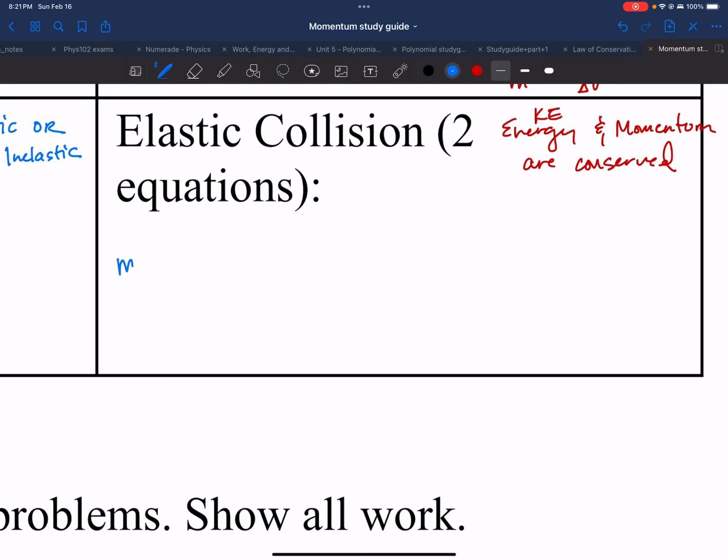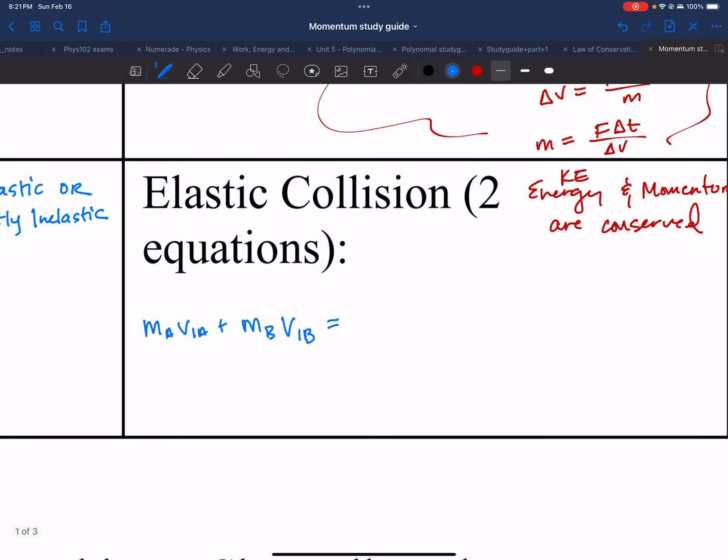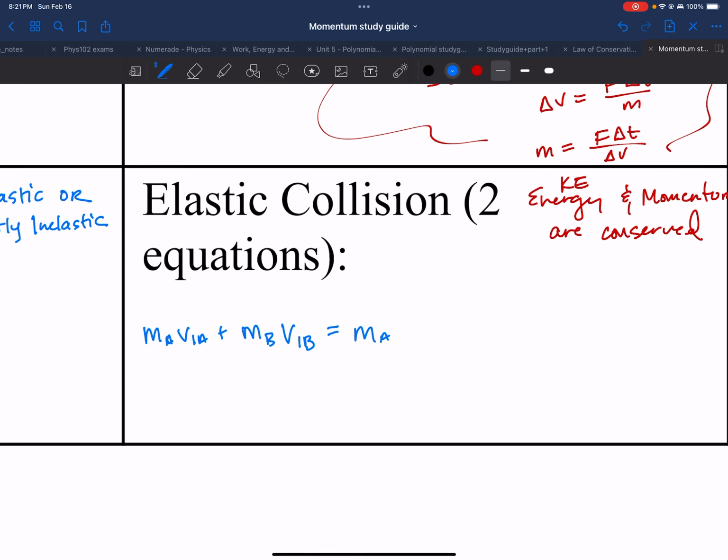It's the same as the other one: MA V1A plus MB V1B is equal to MA V2A plus MB V2B. And you definitely want to have that in your book.